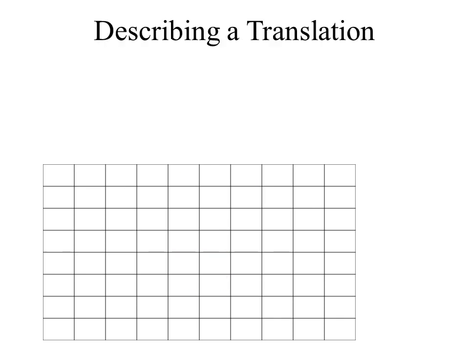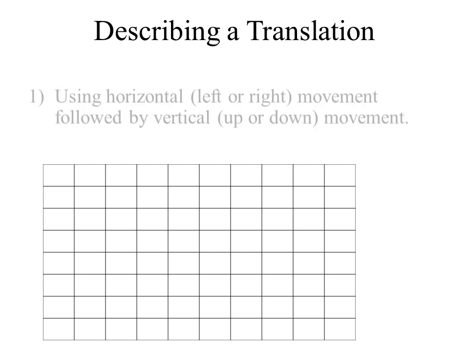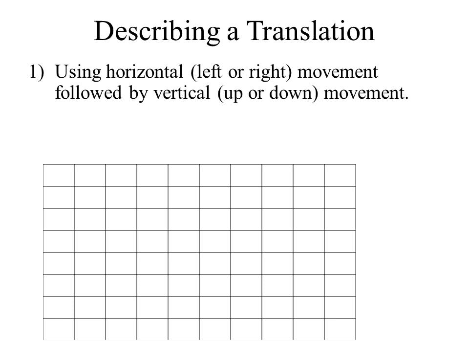All right, so we need to understand how to describe a translation mathematically. What we're going to do is use the horizontal left or right movement followed by the vertical up and down movement.